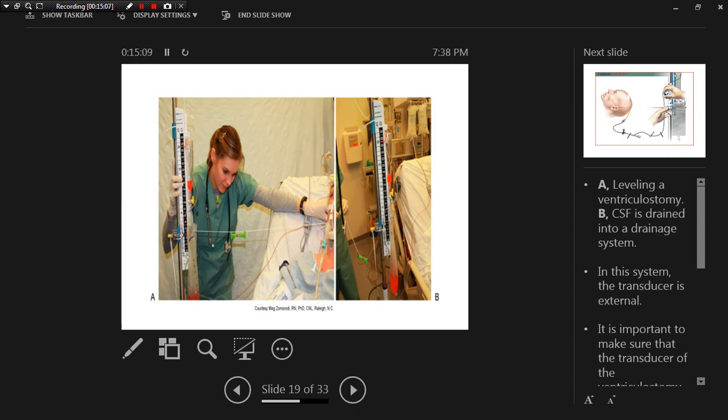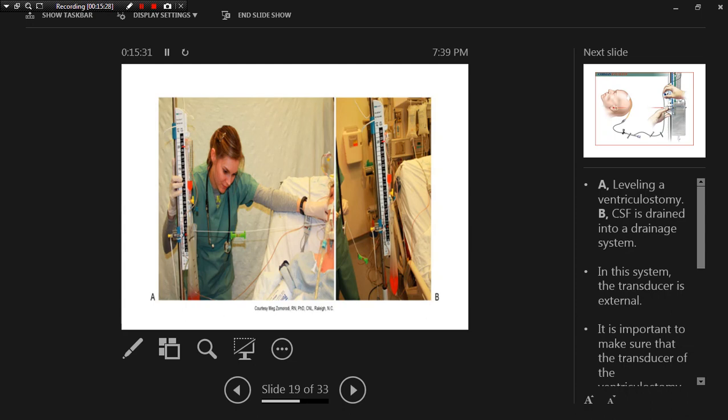So some things to consider if you've had the opportunity to see some of the arterial lines, the CVPs, the Swan, you know that a lot of the measurement systems on the IV poles, they zero them and calibrate them to the level of the atrium, which is considered the phlebostatic axis.